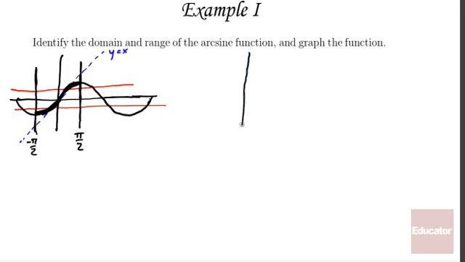So let me draw what that looks like when we reflect it. We're just taking this thick piece here, and I'm going to reflect that across the line y equals x.